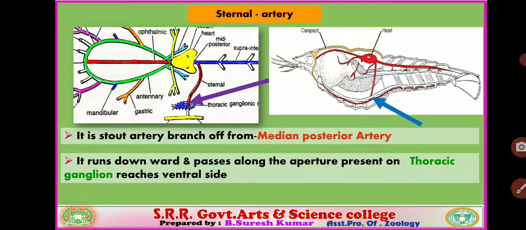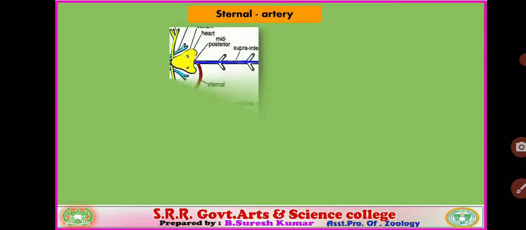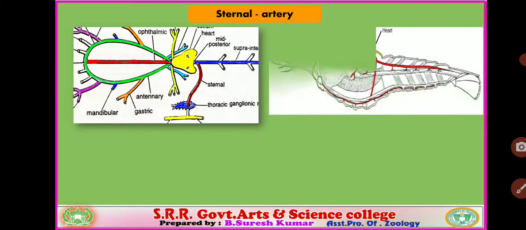So the violet color arrow mark represents the sternal artery, stout vessel, and it is going to enter into the aperture that is present in the middle of the thoracic ganglia, and then it comes out and reaches the ventral side, and it is going to branch off again into two arteries. Let us see the branches of sternal artery.